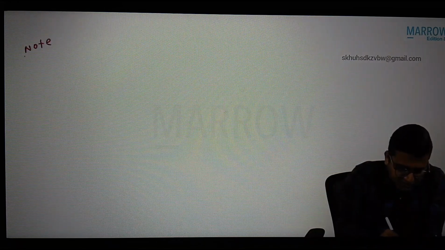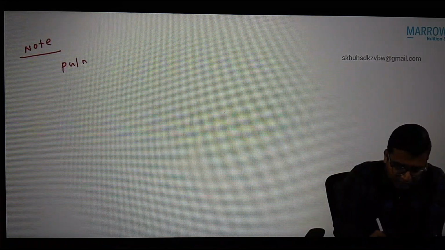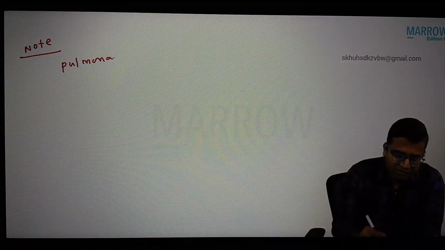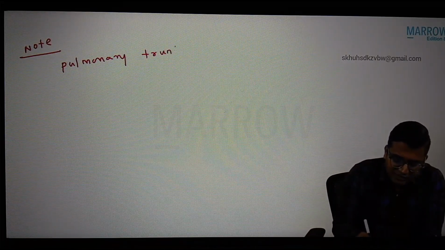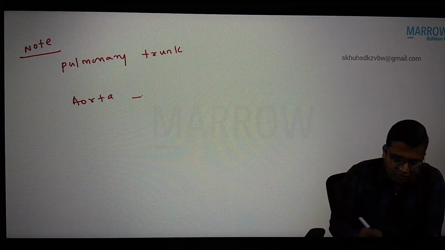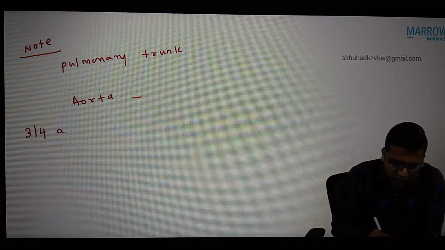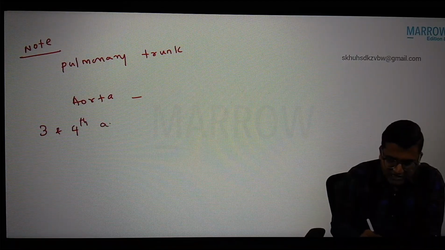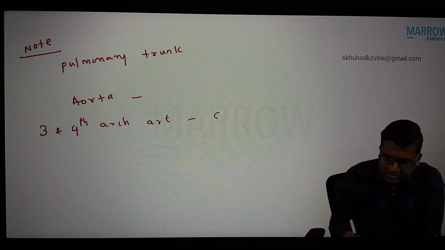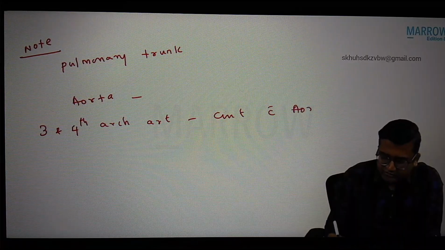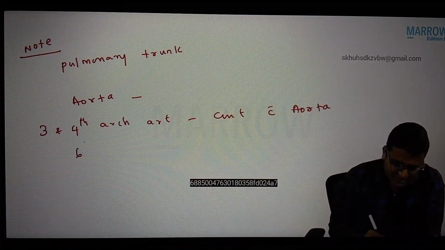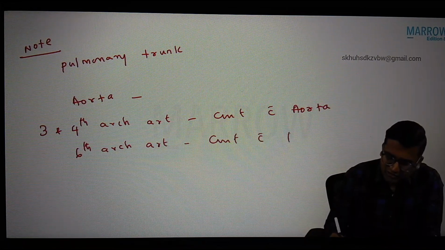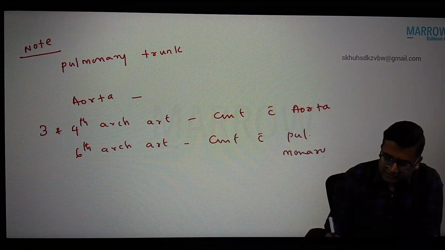Right. So now we're going to write one important point here. Please write, note. So now we know that the truncus arteriosus will form the pulmonary trunk and the aorta. Now the third and fourth arch arteries are continuous with the aorta, whereas the sixth arch artery is continuous with the pulmonary trunk.